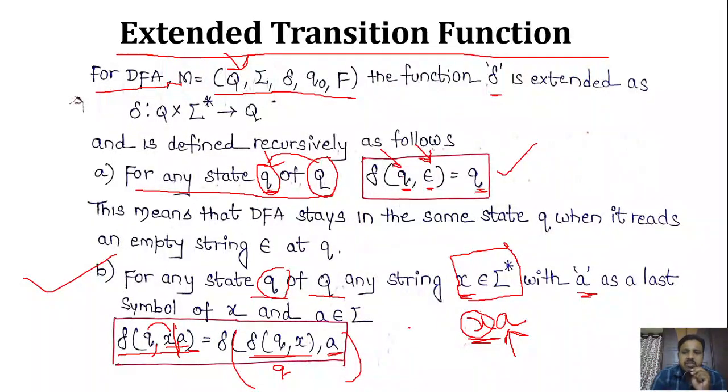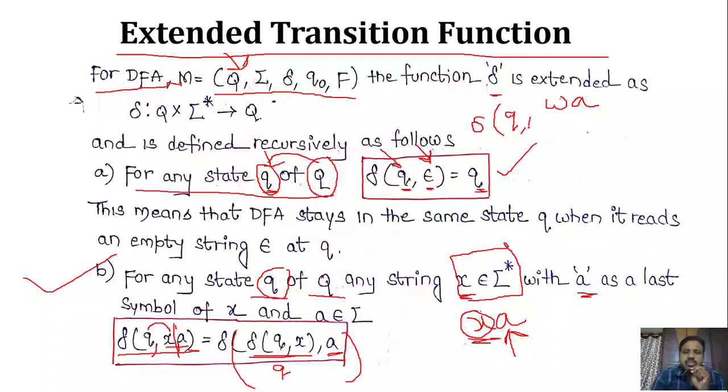Okay, so let me explain with one more example. So let me take wa as my string, right? So how do we write the extended transition function? Delta of q comma, the first thing, q, that means you are in some state q, right?